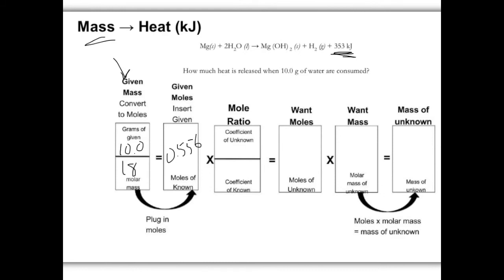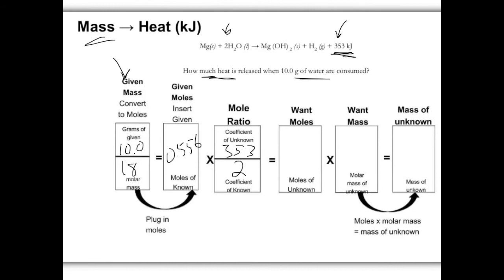Now here's a difference in these energy problems. The coefficient of the unknown, our unknown is heat or energy. The coefficient is just the number of kilojoules that's in the equation. So in this case, the coefficient is 353. And the known was the water, which in this equation has a coefficient of 2.